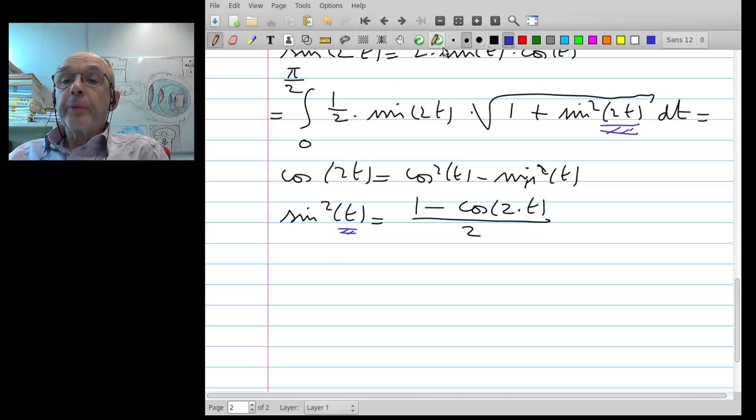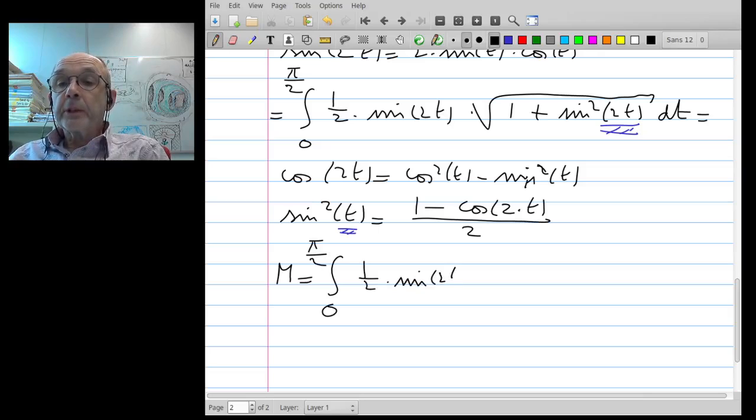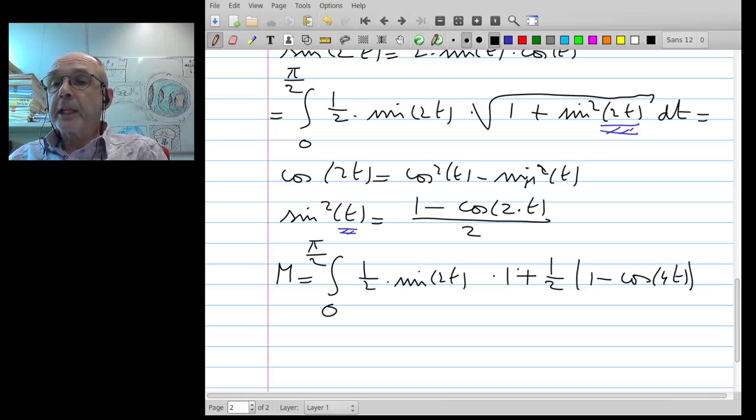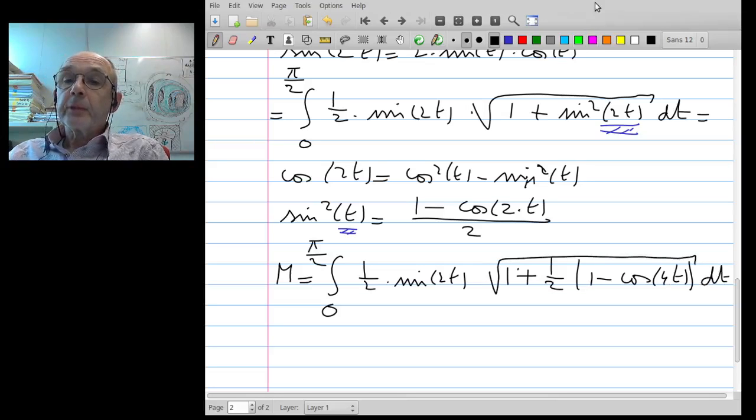And so what does the integral give us? The boundaries are not changing. The first term is not changing, but then we have 1, and then we have plus 1 over 2 times 1 minus the cosine, and be careful, the cosine of 4t, dt. So be careful.